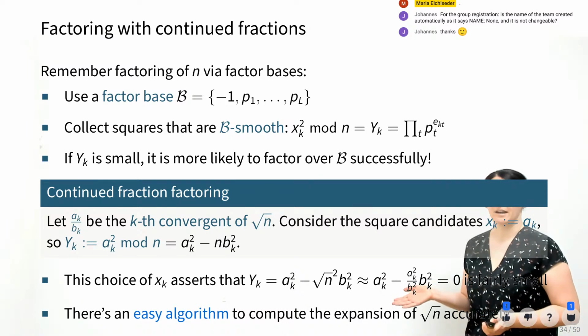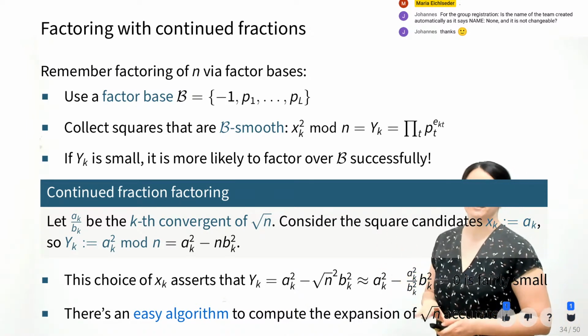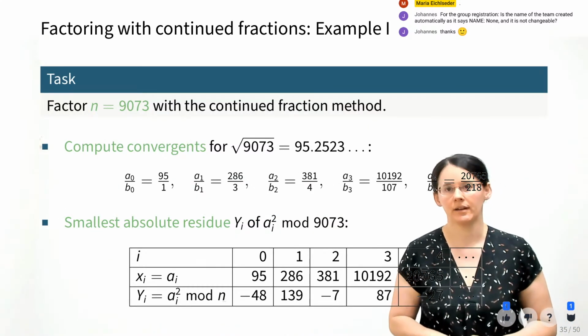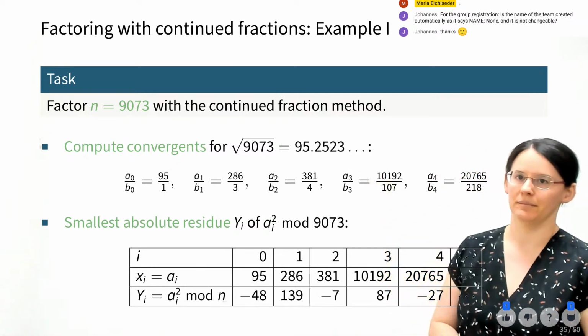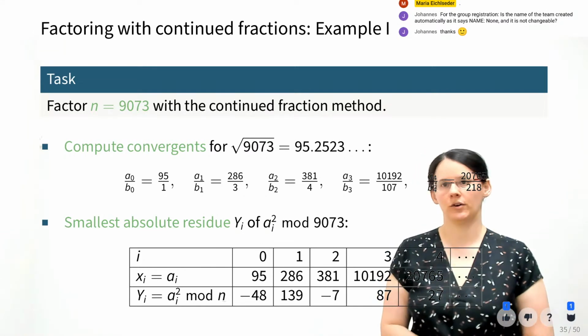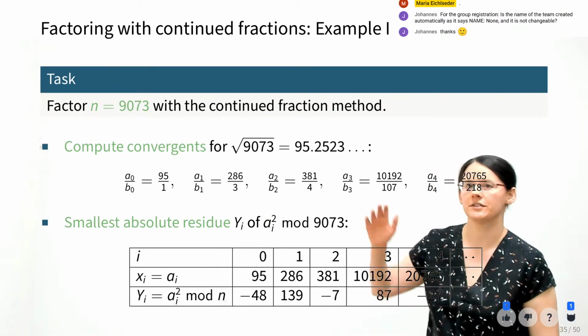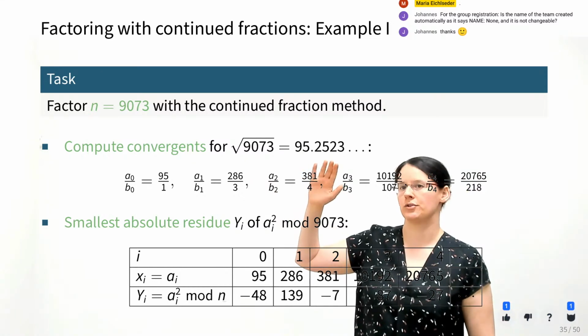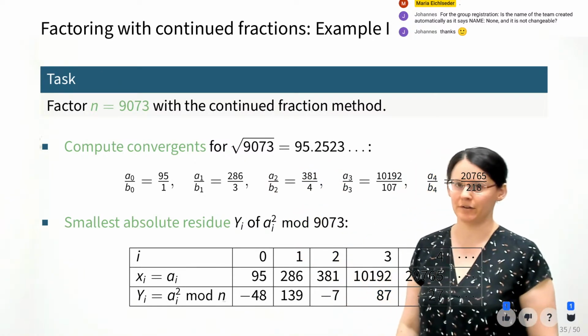So let's have a look at an example of this. How does it look if I do this in practice? I'm now factoring 9072 as my n. So I first need to compute the convergents of the square root of n. The square root of n is approximately 95.